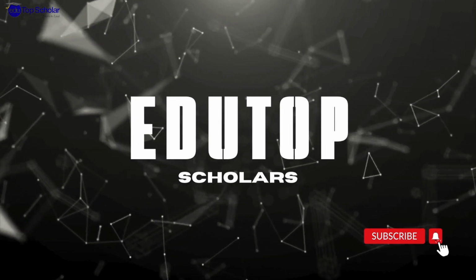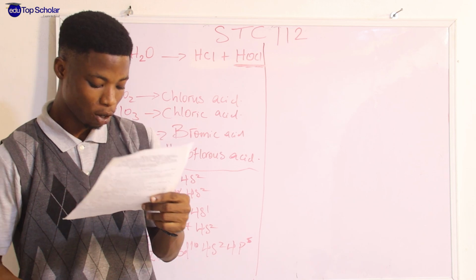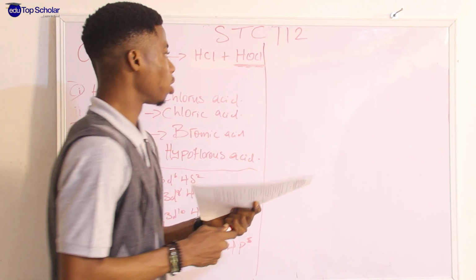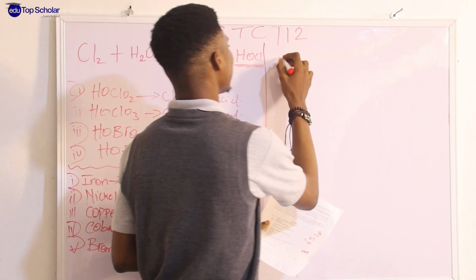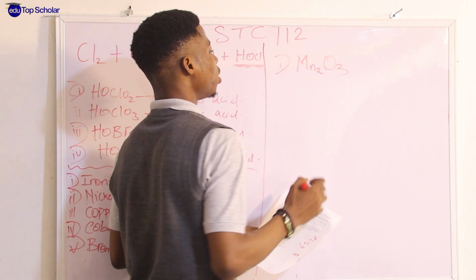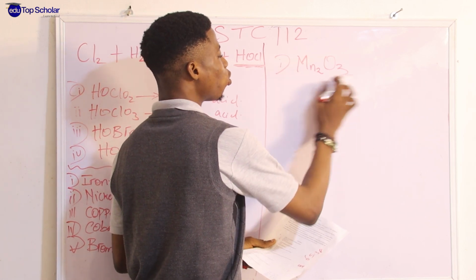So the next question says, calculate the oxidation state of the following compounds. So for the first compound here, we have Mn2O3. So we are asked to calculate the oxidation state of this compound.